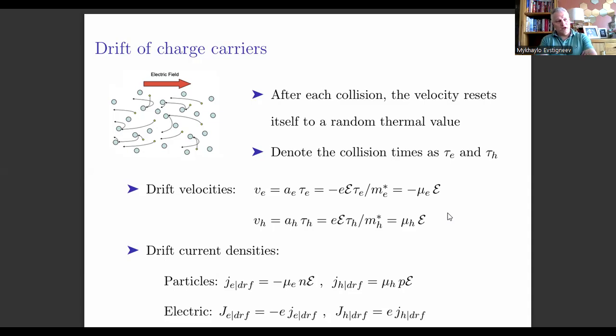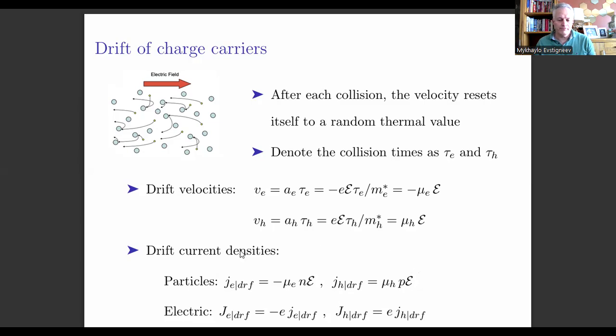All right. So now that we have the drift velocities, let us use them to get the particle flux densities or particle current densities due to drift. The particle current density is the average velocity times concentration. The average velocity is mobility times the electric field, with either the minus sign or the plus sign for electrons and holes.